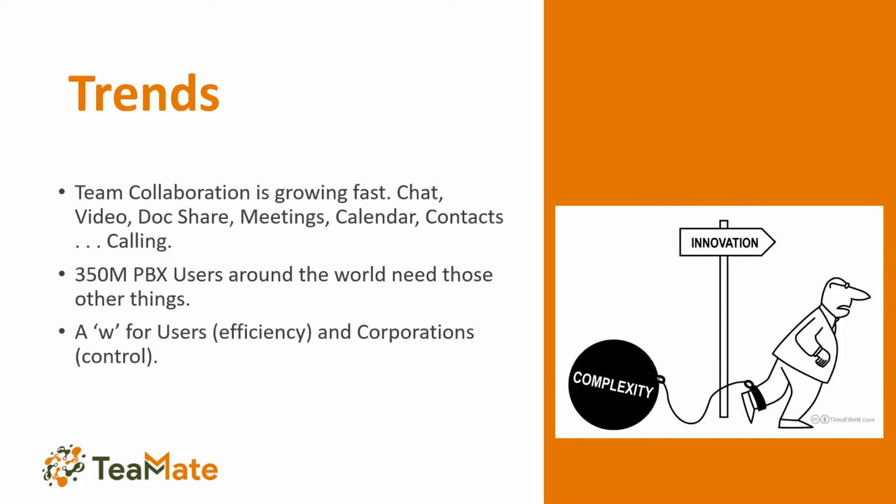The trends we're seeing in the market are that efficiency and ease of use of the standard business tools, which are chat, video calls, document sharing, meetings, calendars, and I would say strongly calling, are something that Microsoft Teams does really well. What makes this so dramatically different than everything else Microsoft has tried to date?